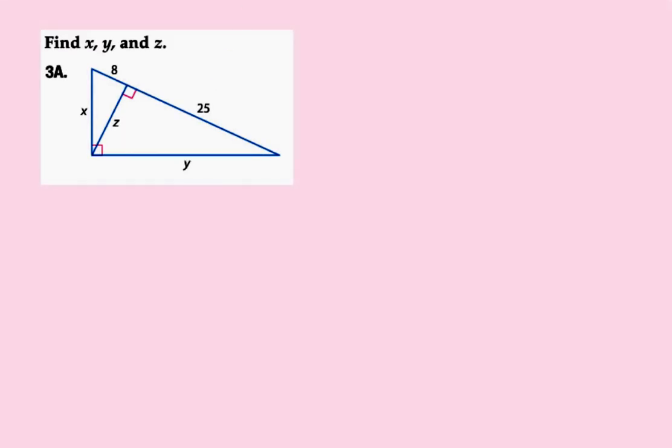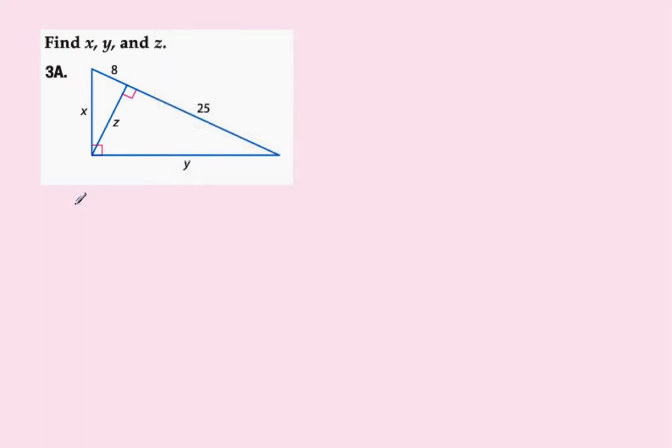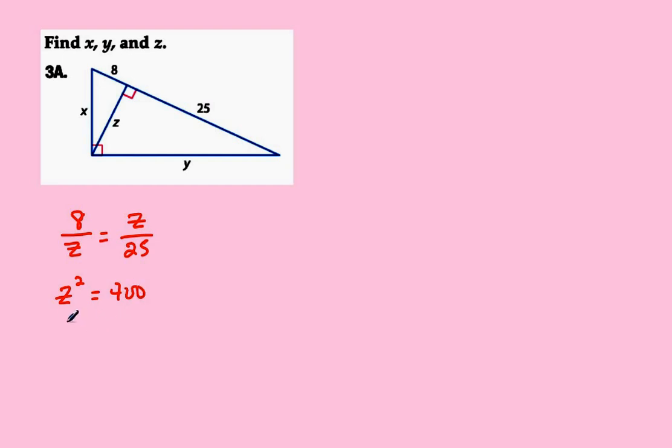So to solve for Z, I am going to say that 8 over Z equals Z over 25, and I'm going to go from there. So I get Z squared equals 400. I believe the square root of 400 is 20, and we know that it's the positive square root, so Z is 20. From here you have options.